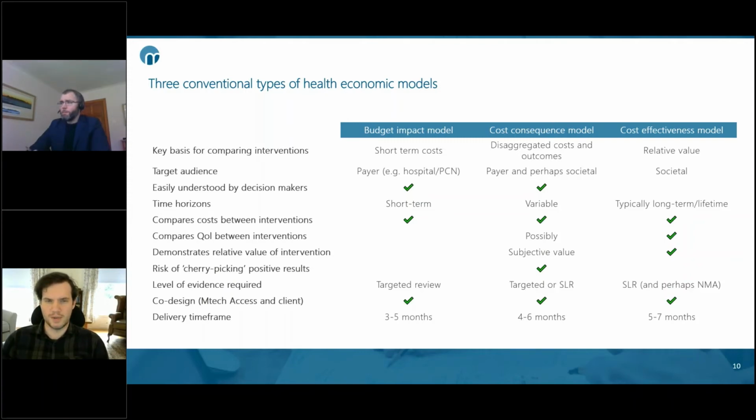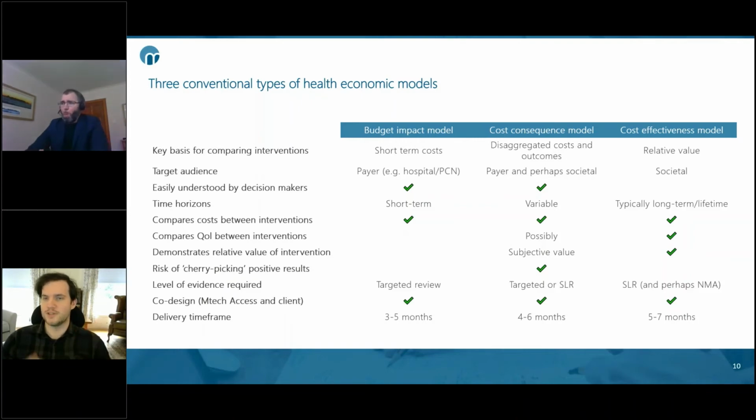Now, the target audience for both of these, the cost consequences tends to be payer and societal, you're trying to capture those societal benefits and the payer benefits as well. Cost effectiveness will be broader and look at a much more general and holistic picture. And because of the additional complexity of the cost effectiveness model, you could argue that the cost consequences model is much easier to understand.